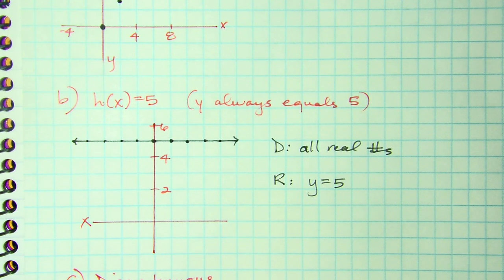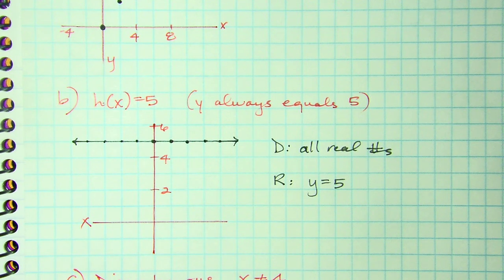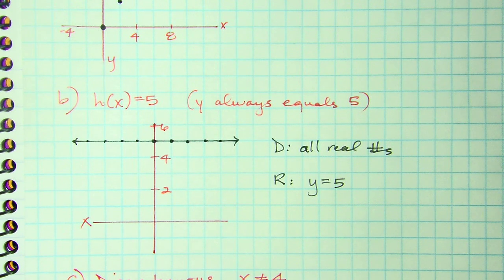And where it's discontinuous, if you look at the graph, is x cannot equal 4. Okay. And next, part D. Looking at D, it is continuous. It is one smooth line.